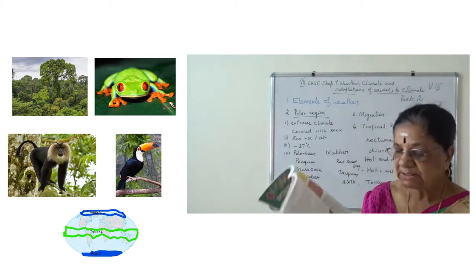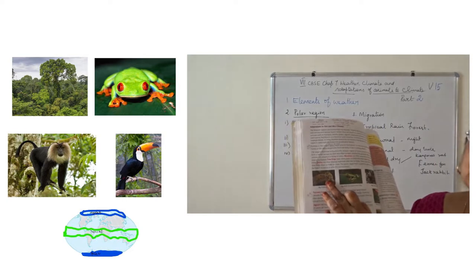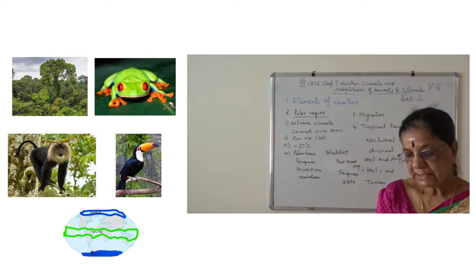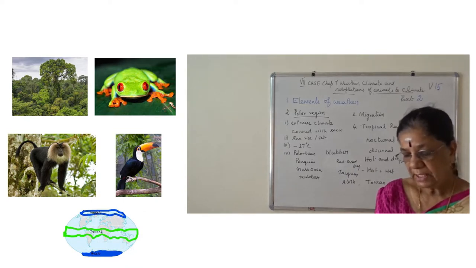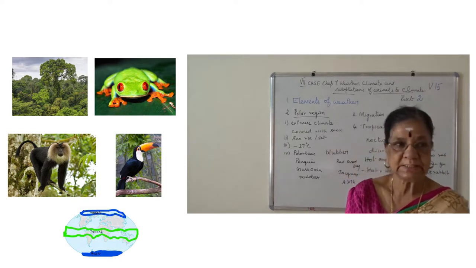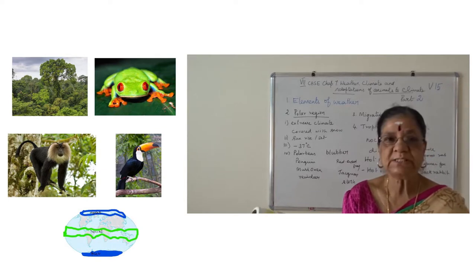Then the jaguar. It is a leopard-like animal that can climb trees. The pattern of spots on its body helps it to hide in the shadows and hunt other animals without being seen. Then stick insects and leaf insects are so well camouflaged.